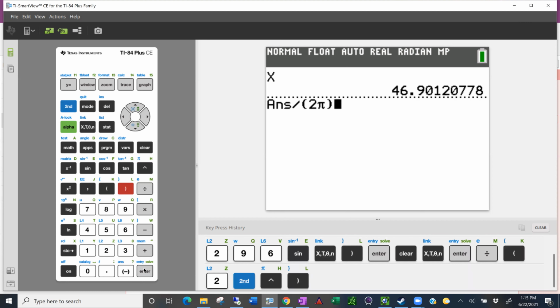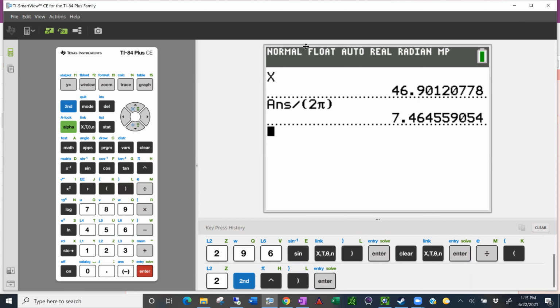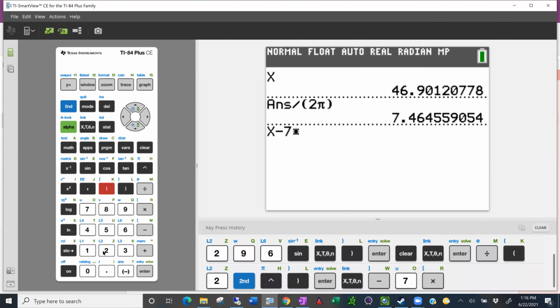And the integer portion of this will tell me this is more than 7 times around the circle. So what I could do is take x minus 14 pi. 7 times 2 pi is essentially what I'm doing here.